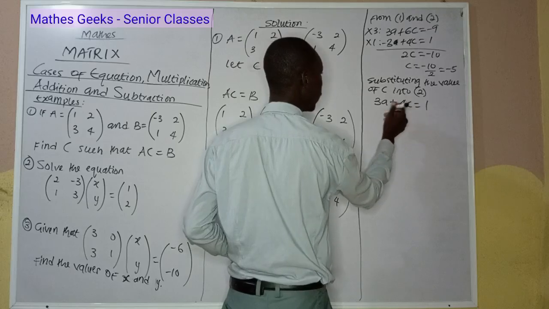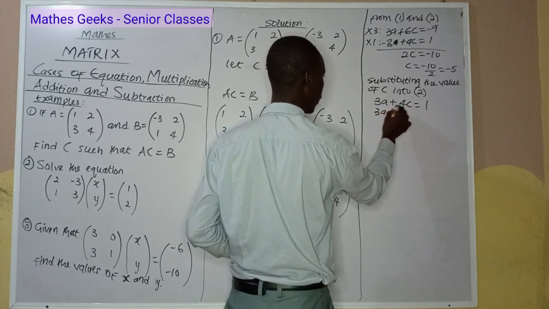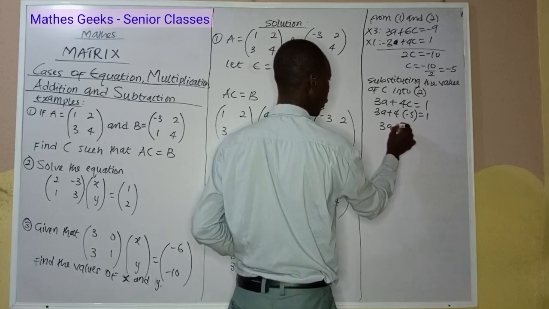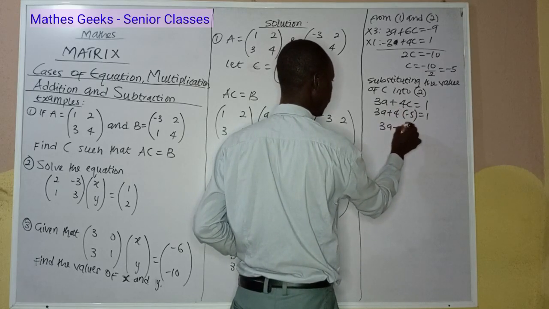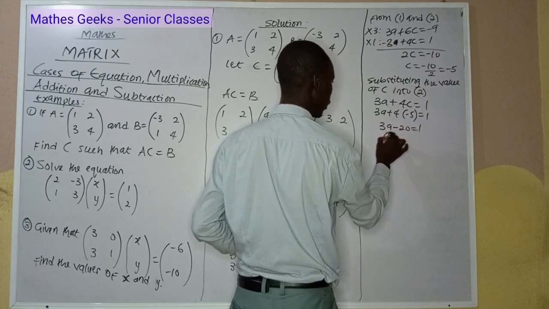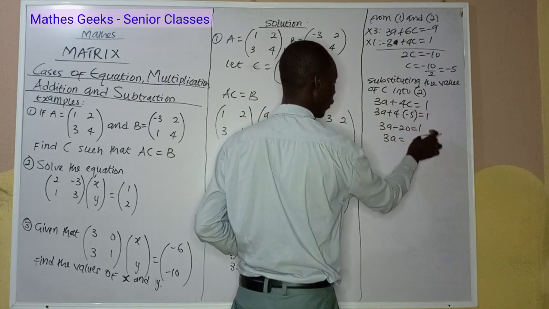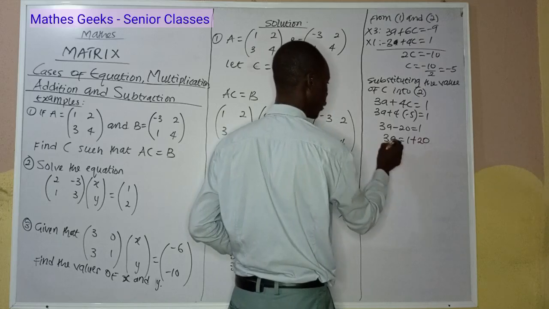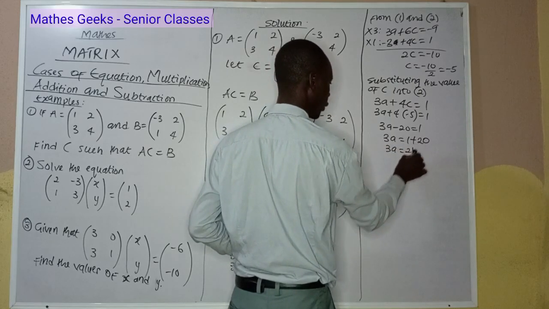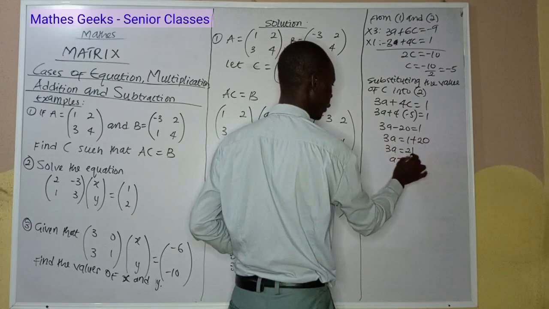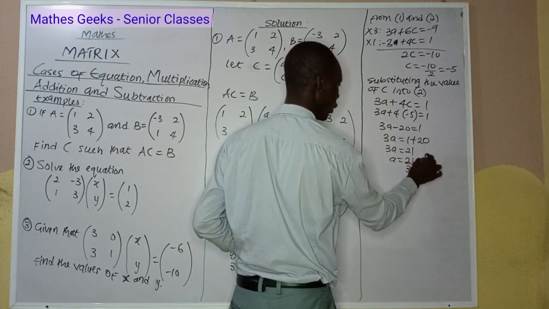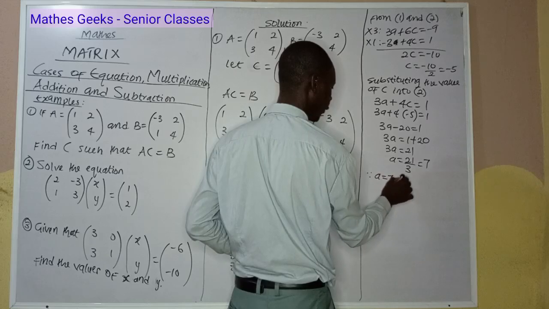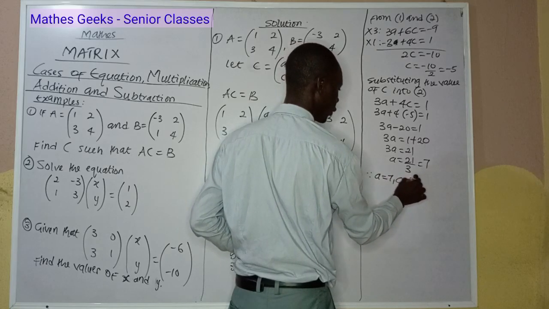Our c is minus 5, so 3a plus 4 times minus 5 equals 1. 3a, 4 times minus 5 gives us minus 20, equals 1. So 3a equals, collecting like terms, 1 plus 20, so 3a equals 21. And a equals 21 over 3, which equals 7. So a equals 7 and c equals minus 5.